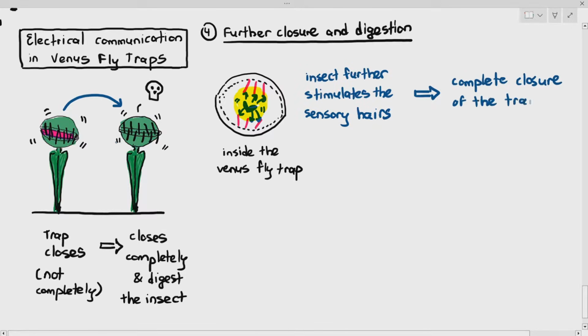And when it completely closes, there is no chance of escape at all whatsoever. So further closure is due to the insect further stimulating the sensory hairs, which causes the trap to fully close. There are no more gaps for the insects to escape from it.